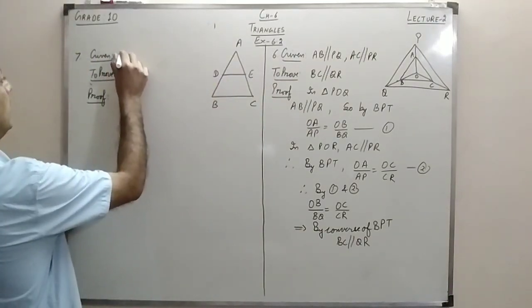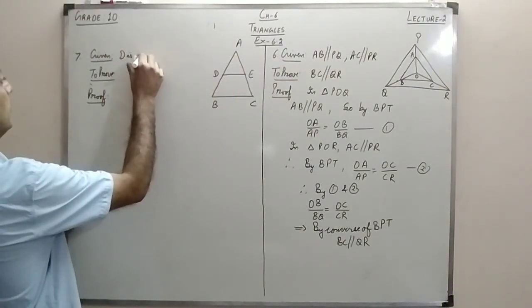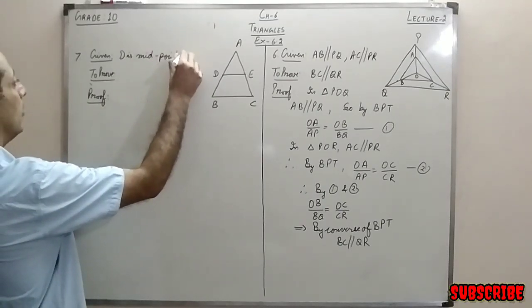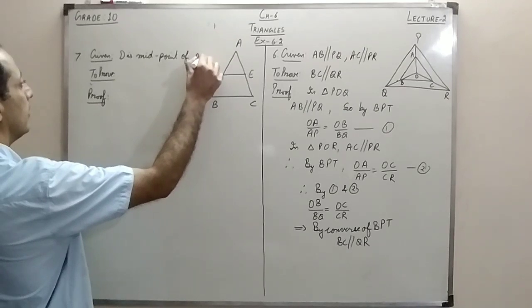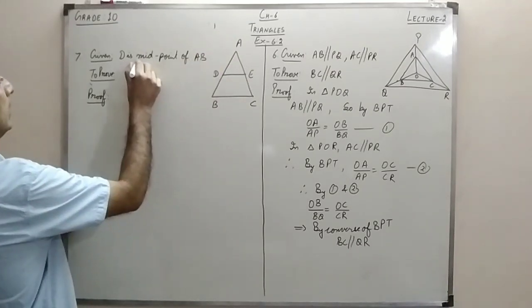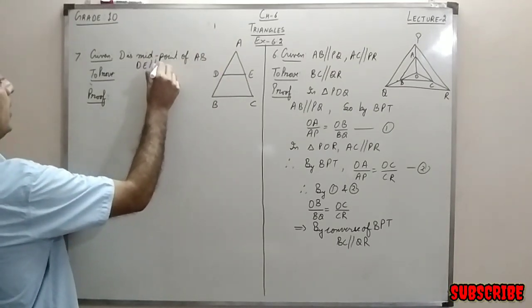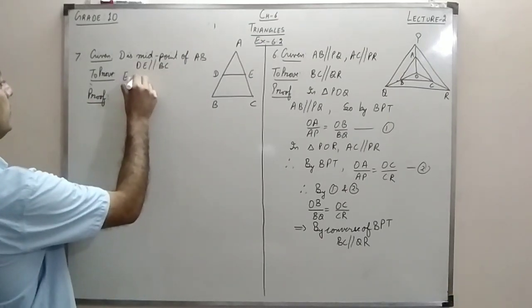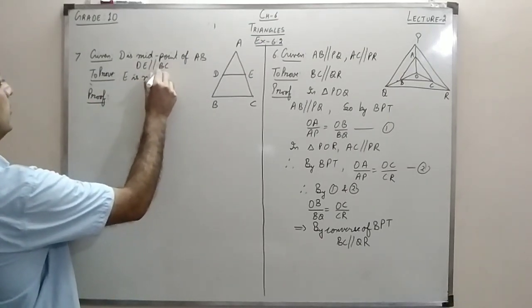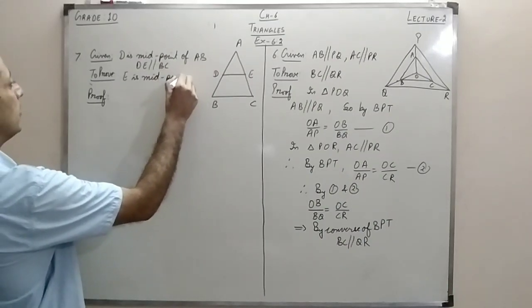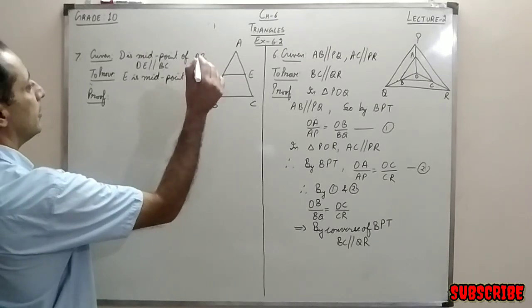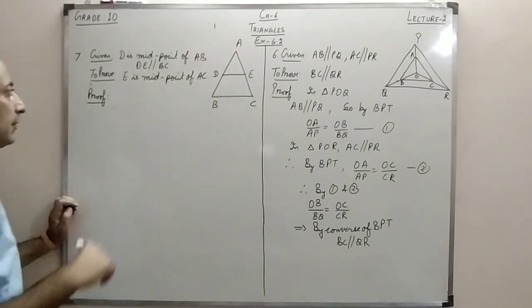It's given D is midpoint of AB. What else? DE is given parallel to BC, and what I need to prove is that E is midpoint of AC. Right?